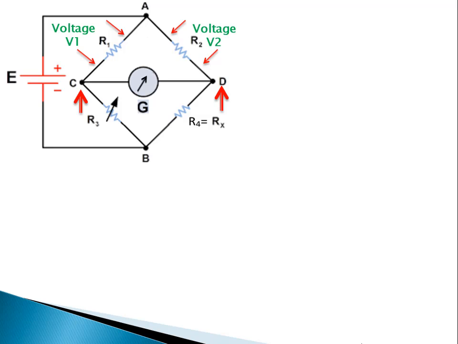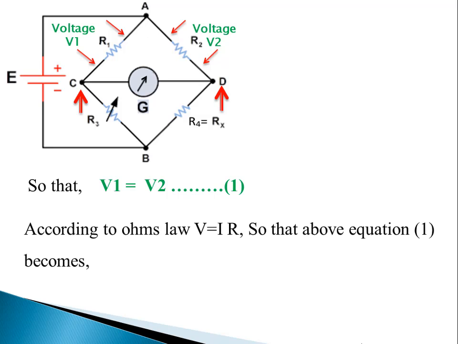If the voltages across R1 and R2 are the same, then we can write that V1 is equal to V2. Consider this as equation number 1. According to Ohm's law, V is equal to I into R, so the above equation number 1 becomes I1 into R1 is equal to I2 into R2. Consider this as equation number 2.